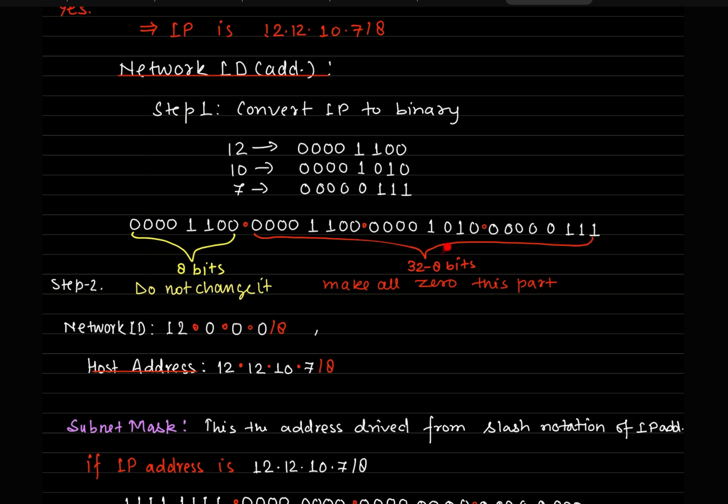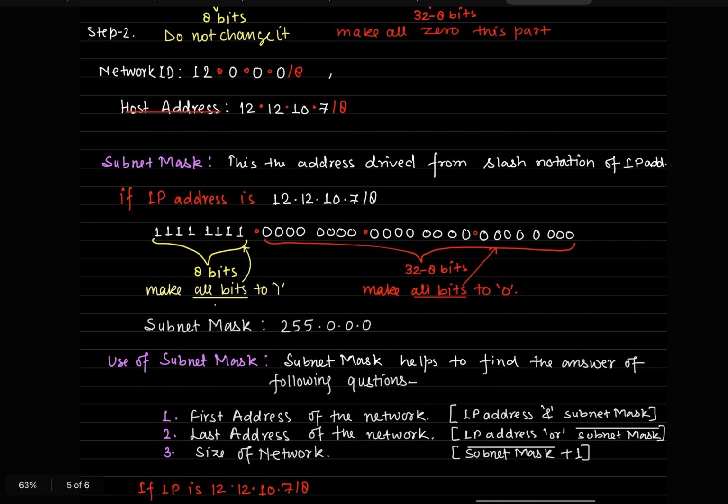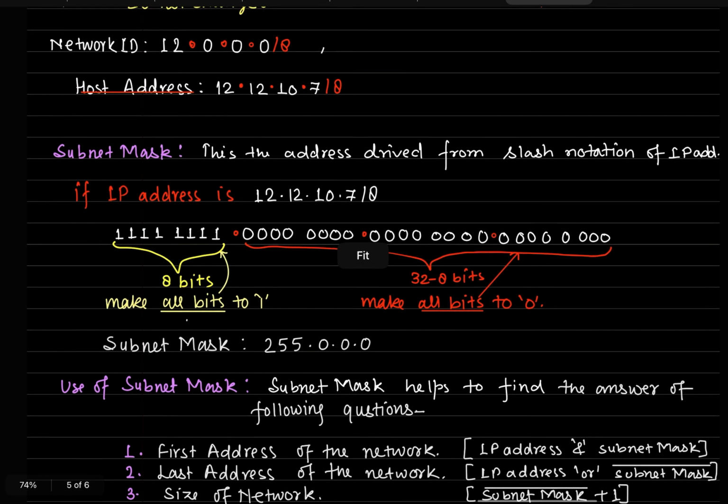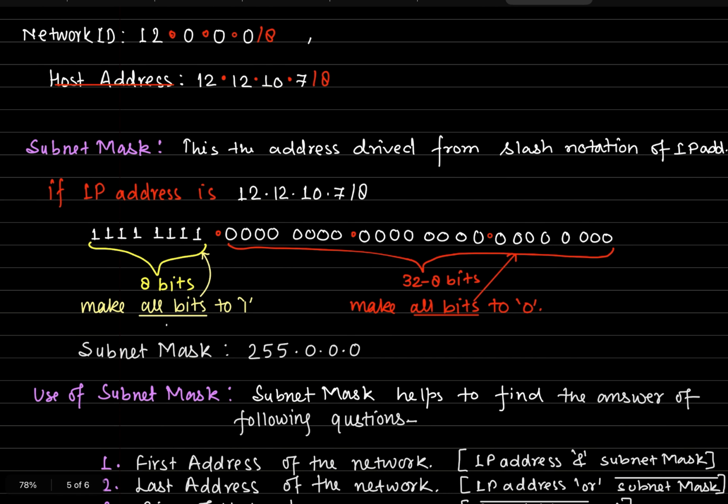The rest of the numbers, you get 0 everywhere. So the network ID becomes 12.0.0.0/8. What would be the host address? The host address would be the same address, 12.12.10.7/8.